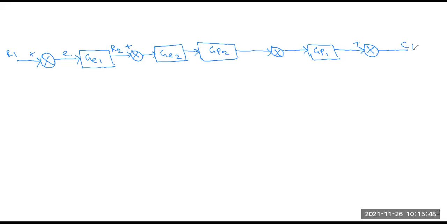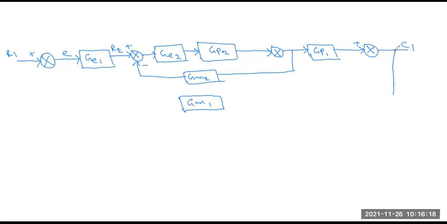This is C1. Okay, and there is one feedback loop we have to attach from this part to this summing point. This is negative, and another feedback loop we have to attach from the output section of the control variable, from this one to this one.